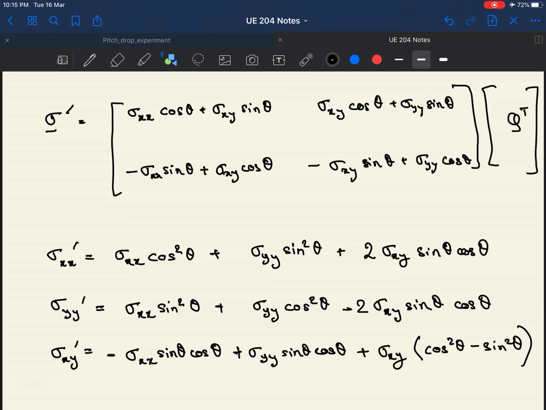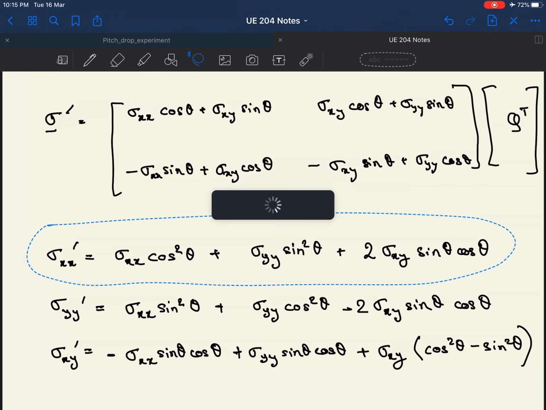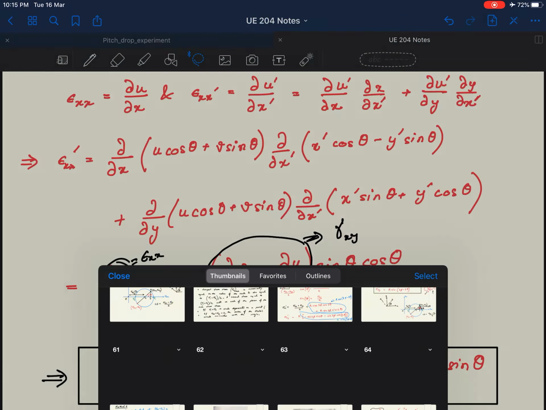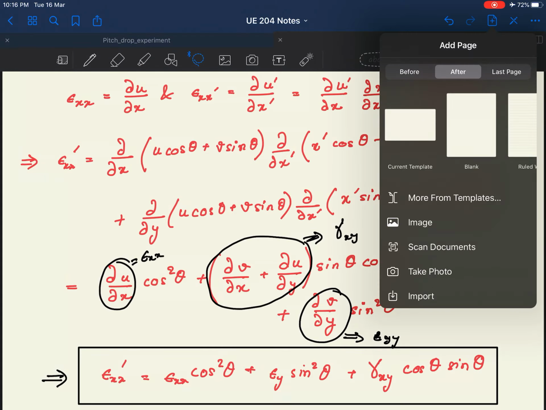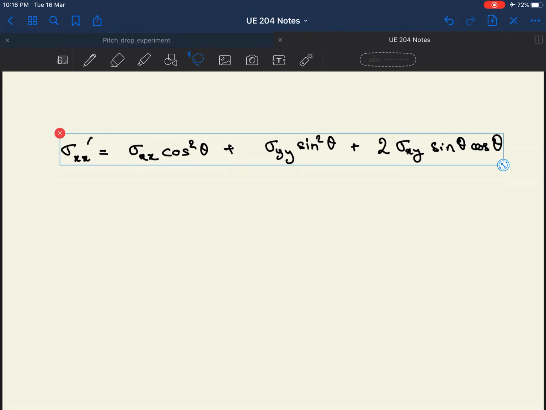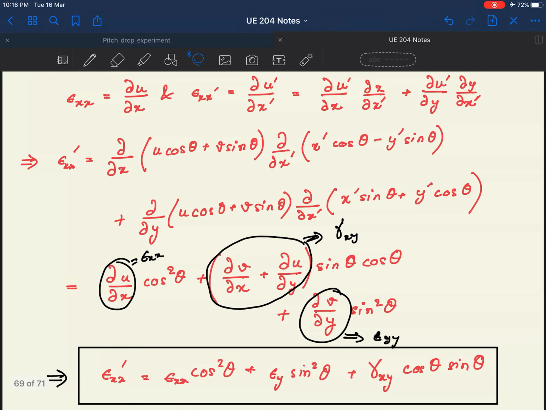Okay, so this is the term I was looking for. I'm just going to copy this, and I'll just copy this as well to the other page.